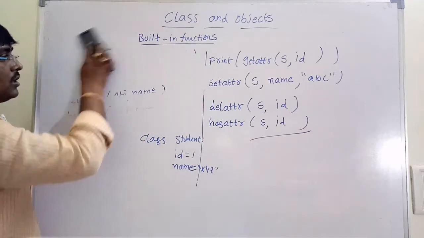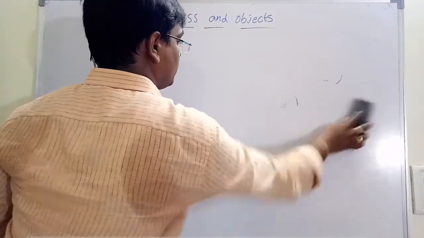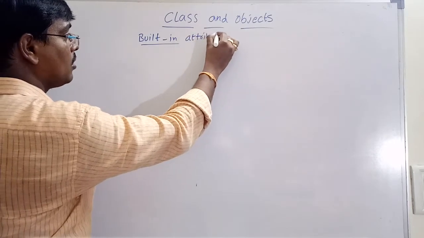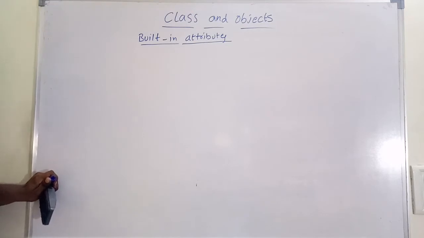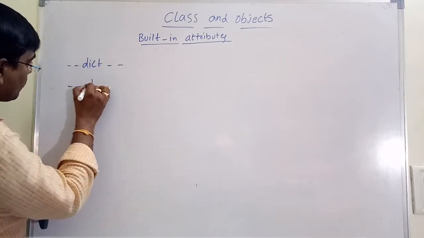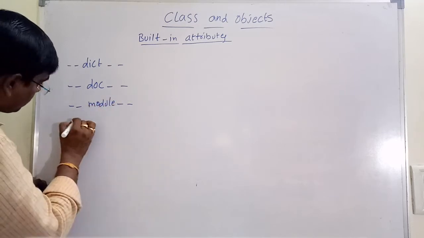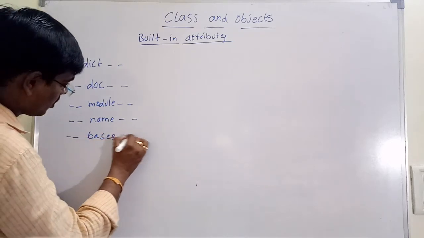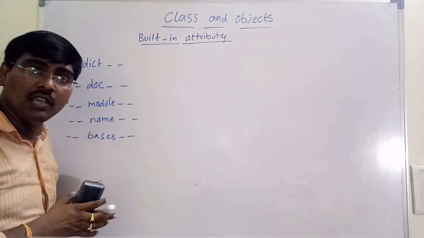Okay. Now the last one is the built-in attributes. Some of the attributes present in classes are dict, doc, module, name. Dict returns a dictionary of the class attributes.